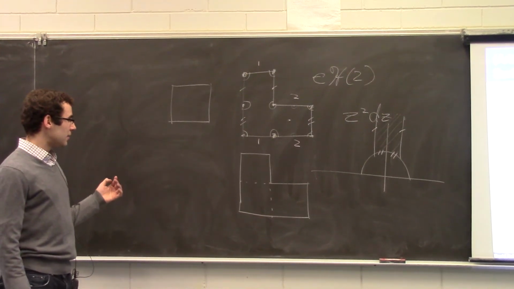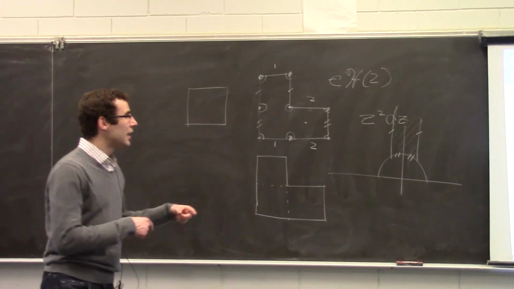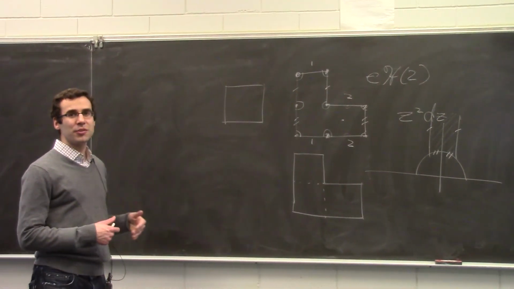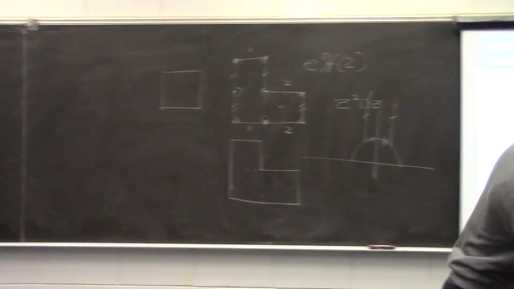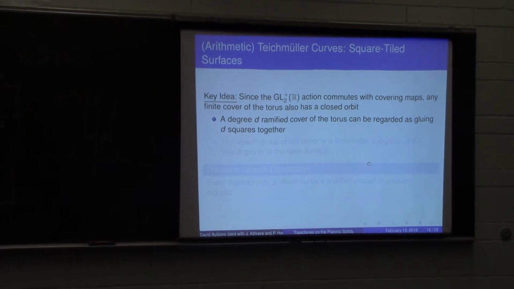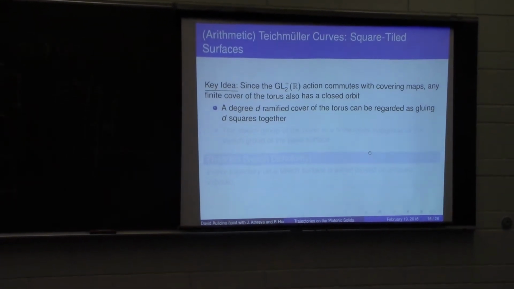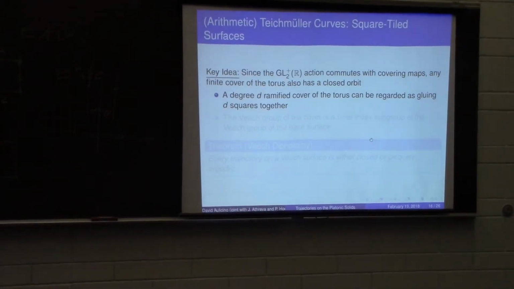Because the GL2R action is going to commute with covering maps, any finite cover of the torus is also going to have a closed orbit. And a degree d ramified cover of the torus is going to be regarded as gluing the d squares together. Sorry, that's a key word I should have mentioned.